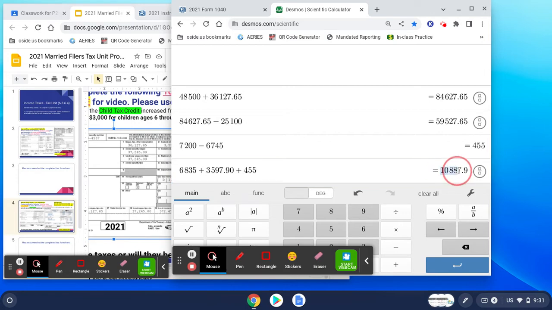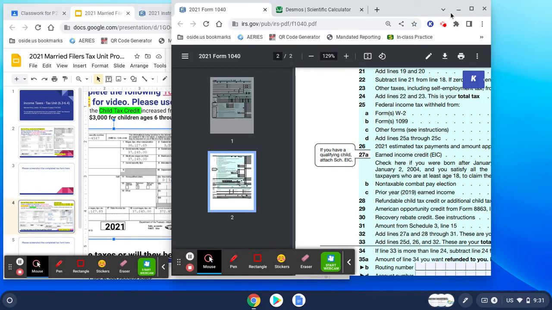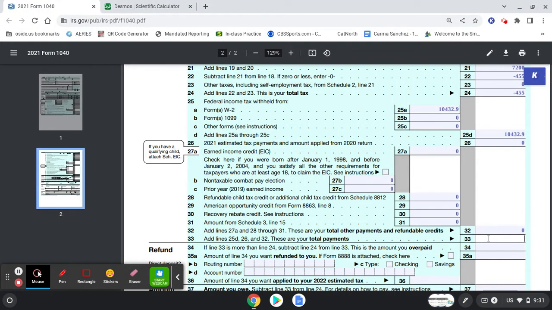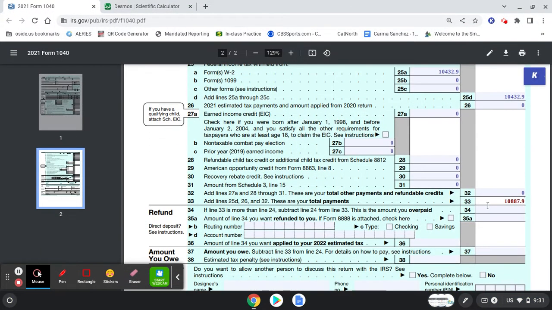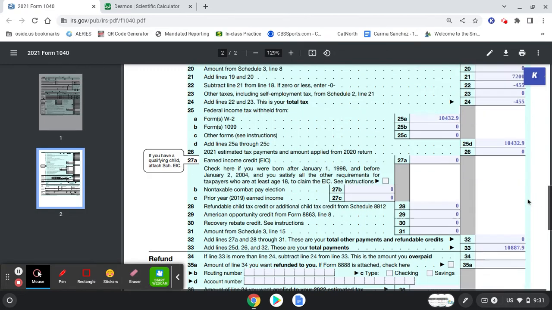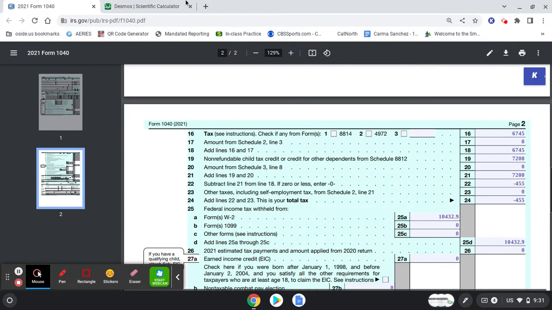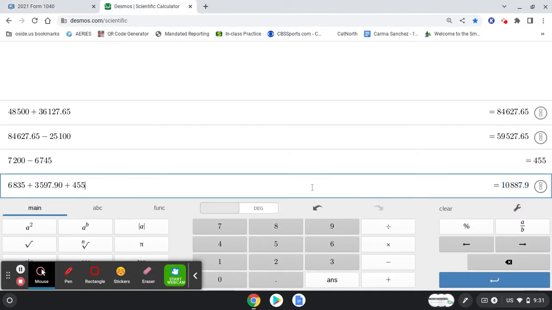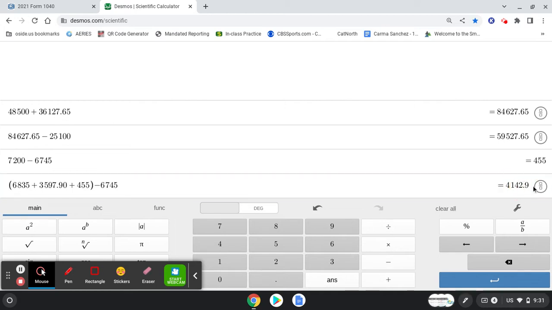$10,887.90. If line 33 is more than line 24, we subtract it, and it is 6,745 — wait, the difference is the amount of our refund.